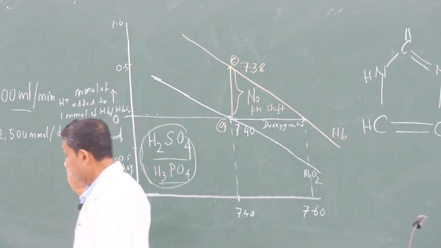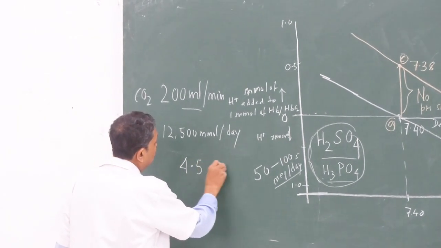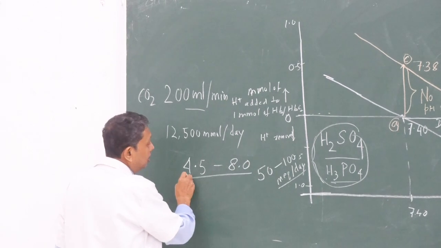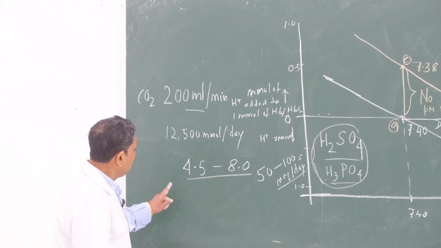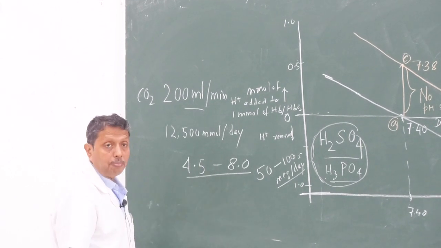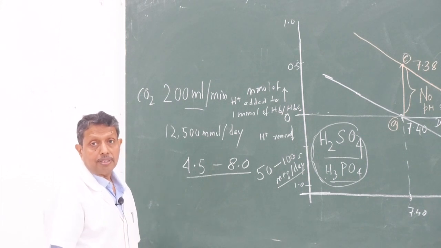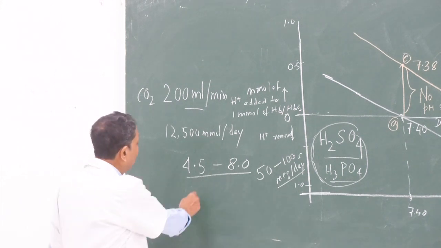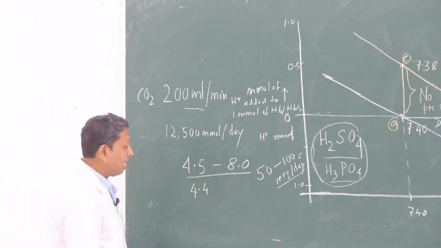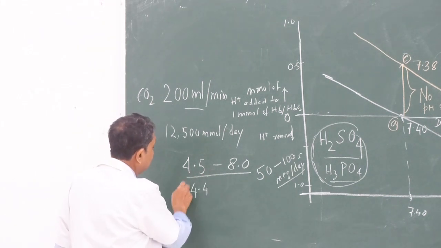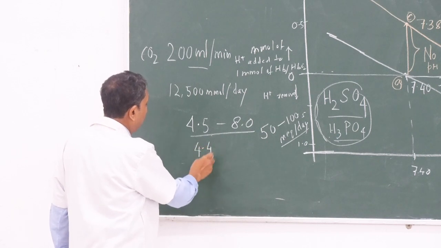In the kidney, urine pH of 4.5 to 8.0 is possible. It is the limit. In the urine, the minimum pH is 4.5 and the maximum is 8.0. Beyond this, urine cannot go. Suppose you take the example of pH 4.4.